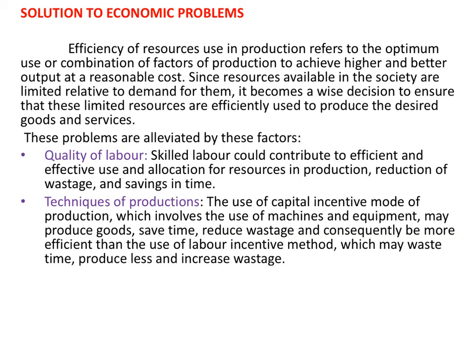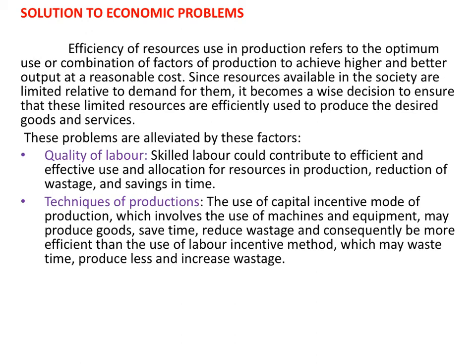Let us now discuss the solutions to these economic problems we've listed above. Recall that the problems we listed are: number 1, what to produce; secondly, how to produce; thirdly, for whom to produce; and last but not the least, the efficient use of resources.